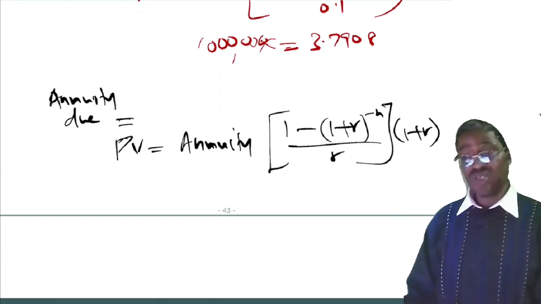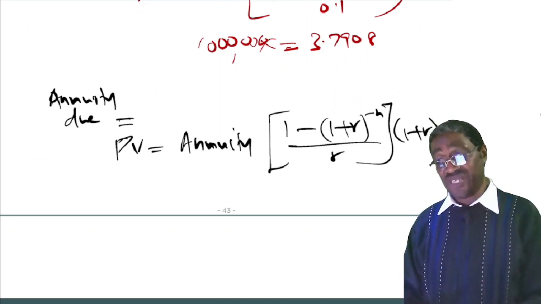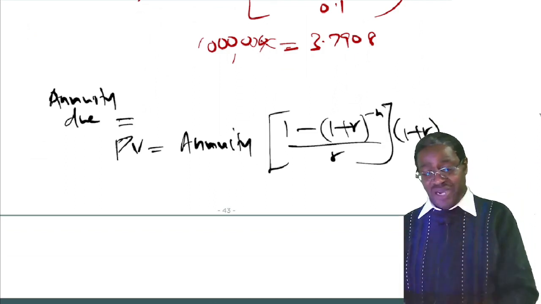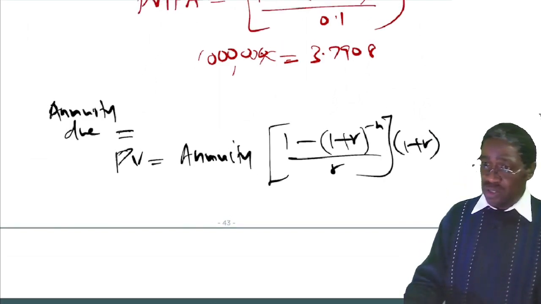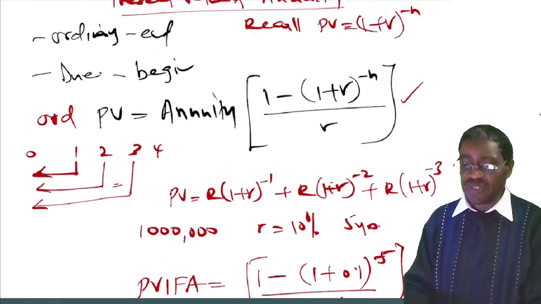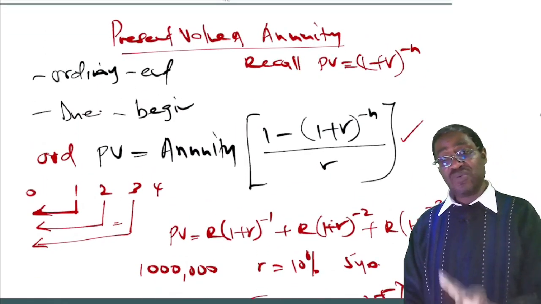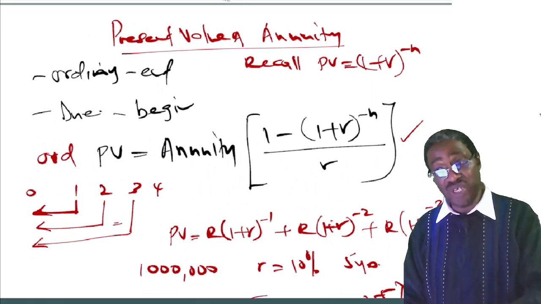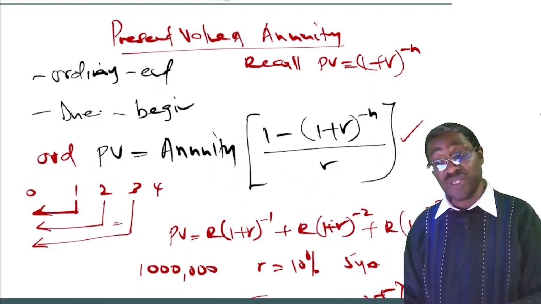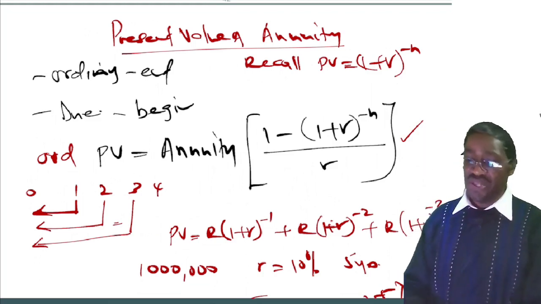Okay? Good. So let's now put down those two formulas. We have discussed the two formulas for getting the present values. Don't forget, today we have just introduced the concept of the present value of annuities, and it's either ordinary annuity or annuities due. If you are dealing with ordinary annuity, this is the formula.